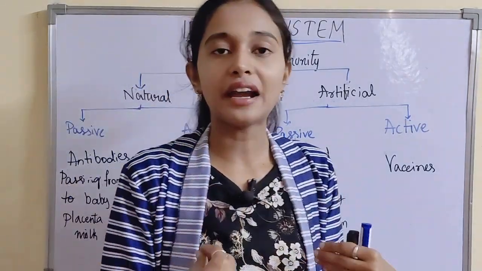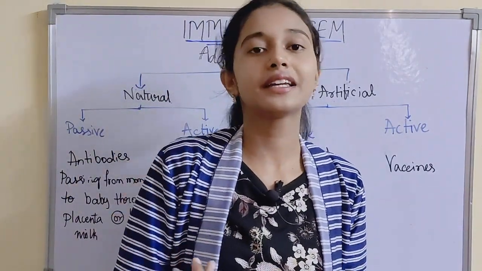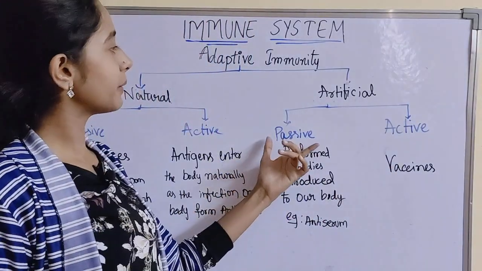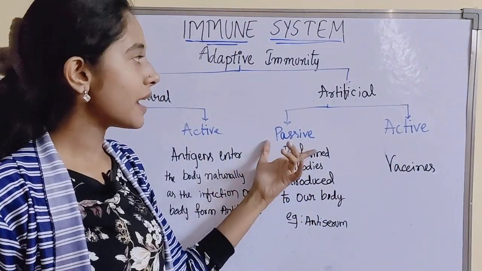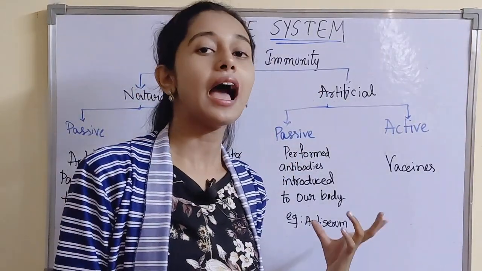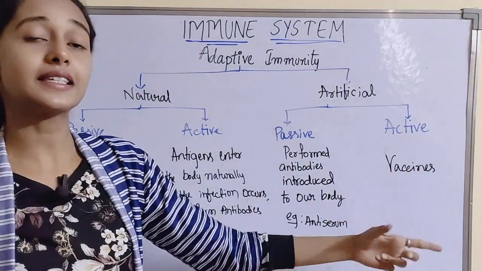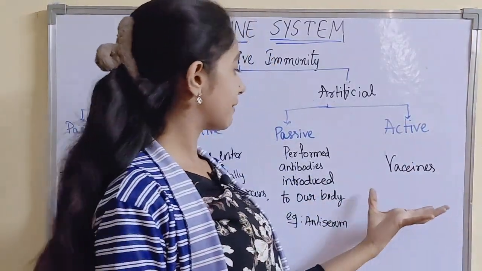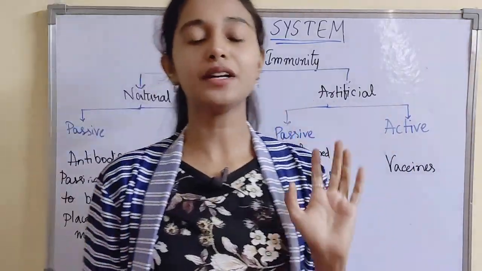When we take those antibodies so that the infection level goes down or it will kill the pathogen, that type of immunity we call passive artificial acquired immunity. Example is antiserum, which contains antibodies. In active, these are vaccines. Vaccines are the best example for active artificial adaptive immunity.